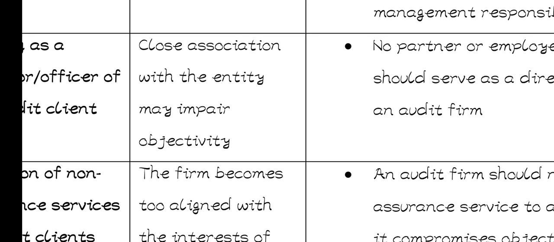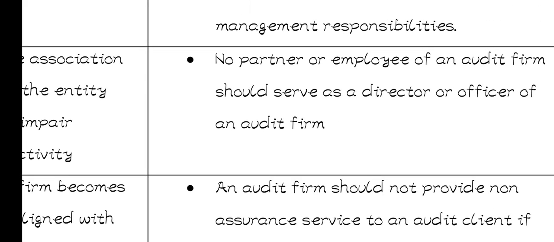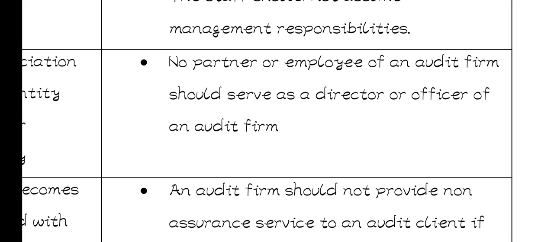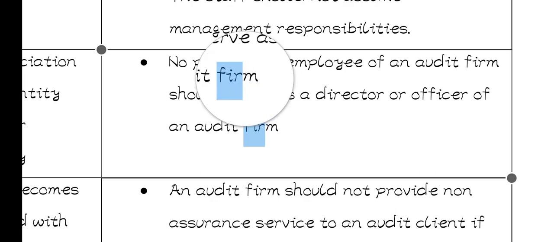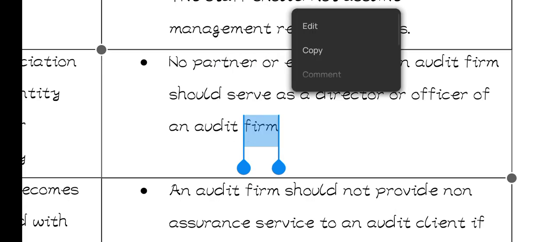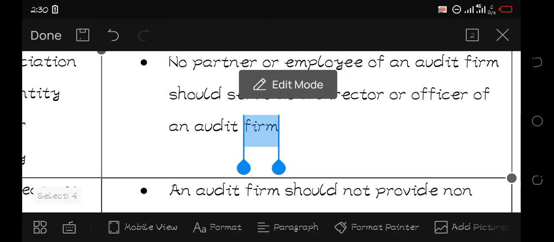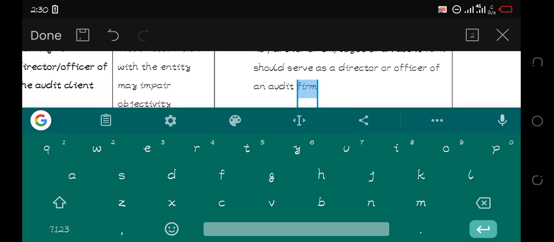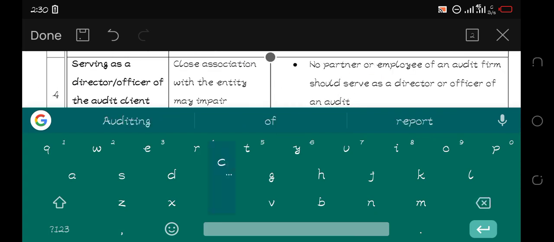Then the safeguard is that no partner or employee of an audit firm should serve as a director or officer of an audit client. Sorry, not audit firm here, of an audit client.